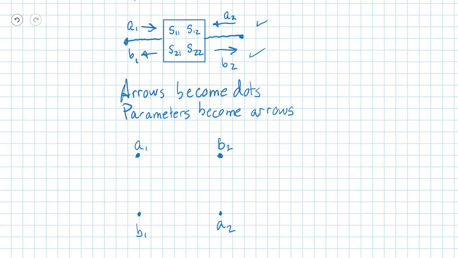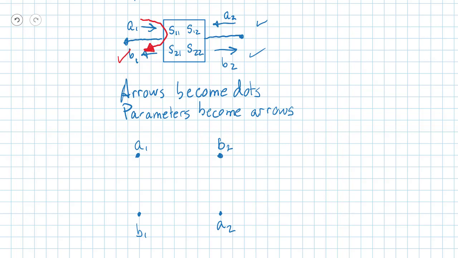So going back to port 1, if we look at the components of the B1 wave, the factors that could add up to the B1 wave, we could see that possibly one component is the reflection coming off of the input from the A1 wave.